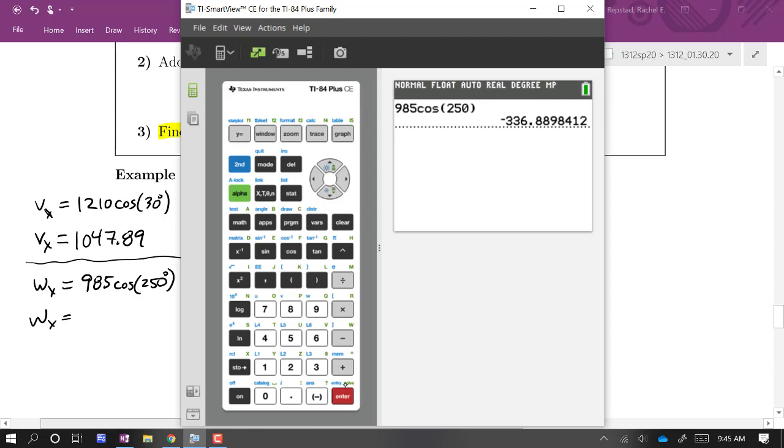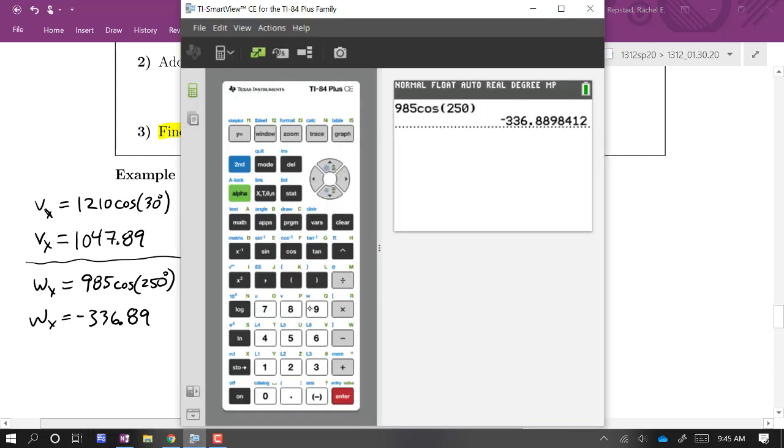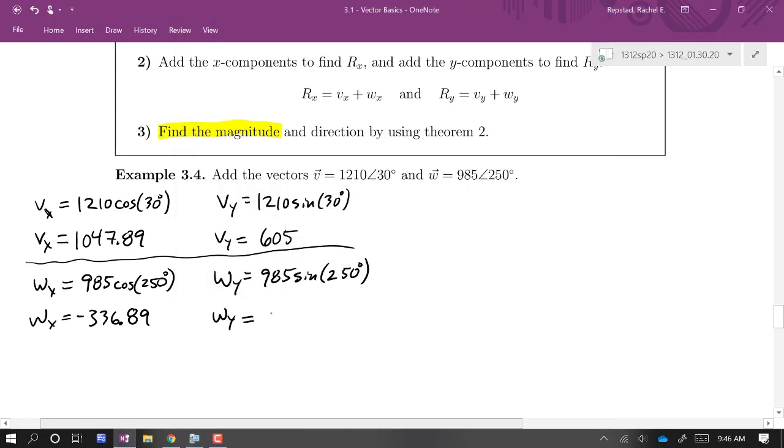Negative 336.89. And then magnitude times sine. Negative 925.60.